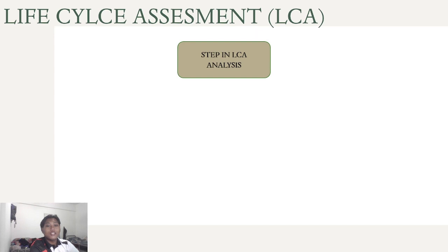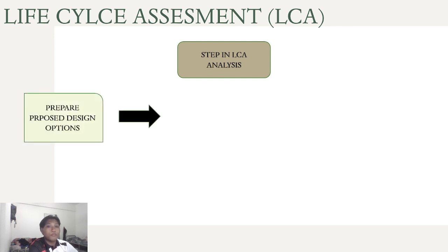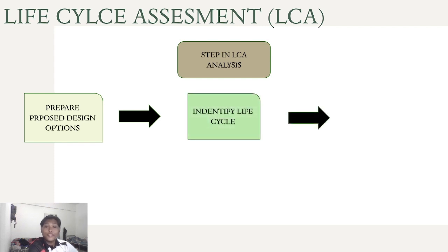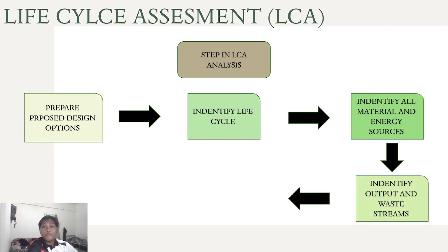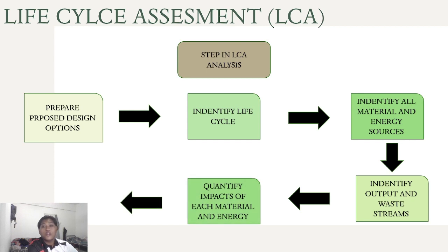What is LCA? LCA is life cycle assessment. In life cycle assessment, we prepare, process design option, identify life cycle, identify all material and energy sources, identify output and waste streams, quantify impact of each material, and aggregate impact into categories for comparison.